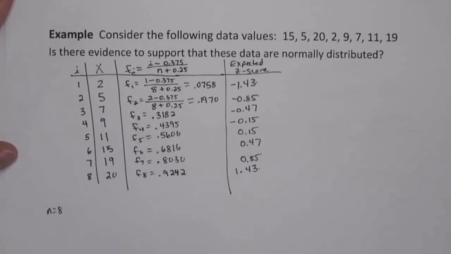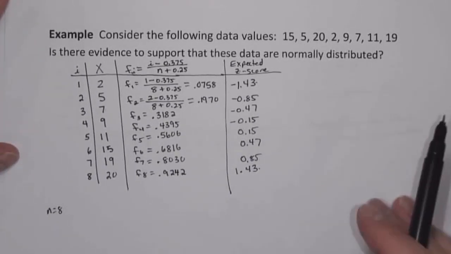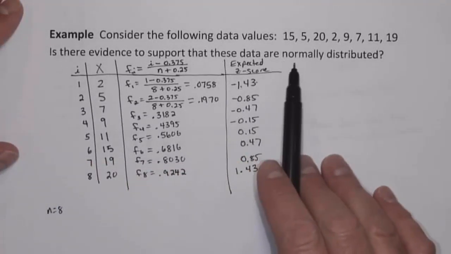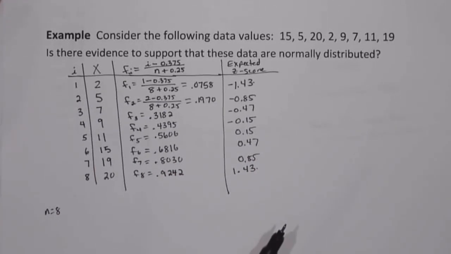So these data, 15, 5, 22, 9, 7, 11, and 19, do come from a normal distribution. So is there evidence to support that these data are normally distributed? The answer to that question is yes.